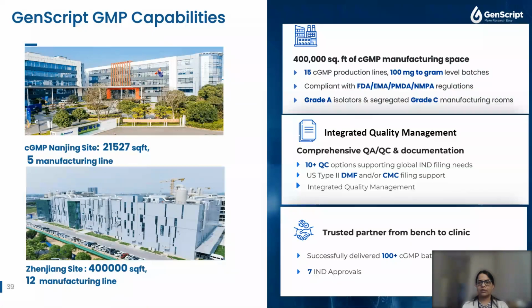Our integrated quality management system also supports the IND filing, and we are providing 10 different QC options to meet the global IND filing requirements. So our comprehensive phase-specific CRISPR gene editing solution offers flexibility to support your project at any stage, with compliance with FDA, EMA, or NMPA regulation.